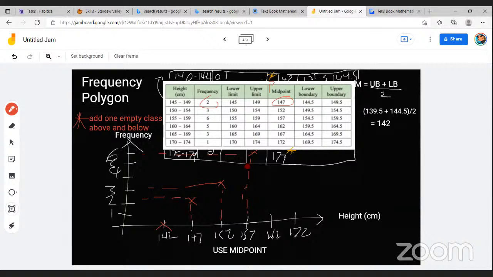Don't forget to include both the empty class of the upper and the lower. Okay, 162 is 5. The frequency is 5, so you put it here. And then going even lower, 167. Wait, did I ever put 167? No, I did not. Okay, forgive me.